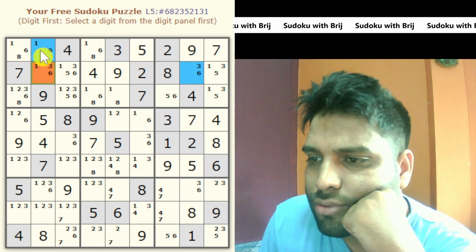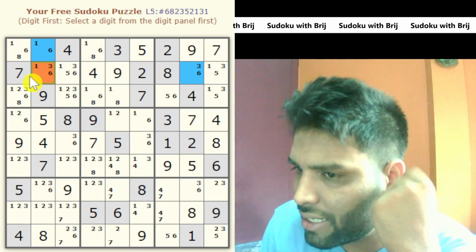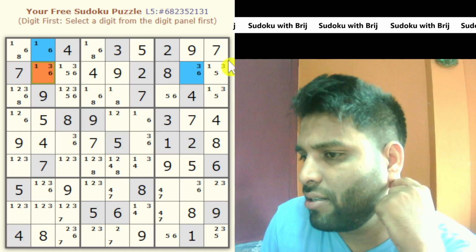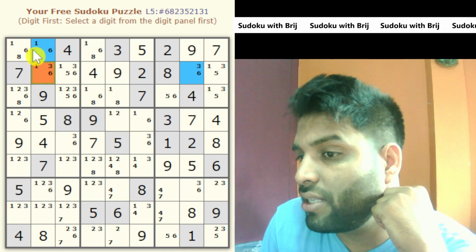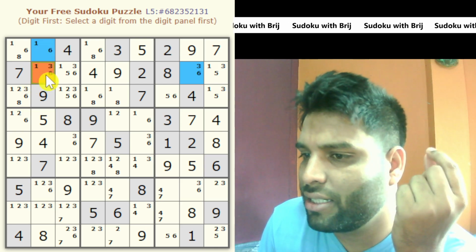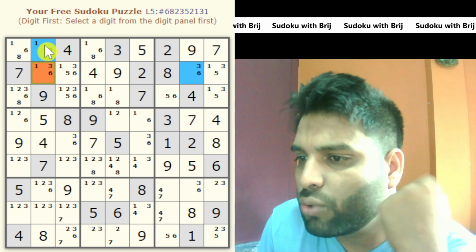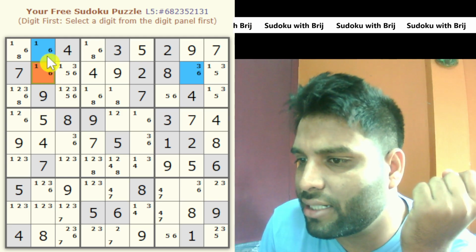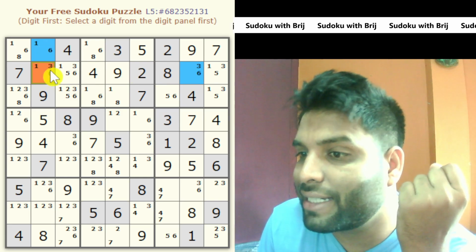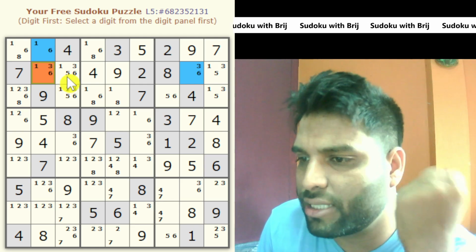So now the XYZ-Wing says that any cell that can see all three of these cells can have the single common digit removed. So what is the digit which is common in these three cells? That is 6. 6 is here also, and here also. So any cell that can see these three cells containing 6 can have 6 removed from there.